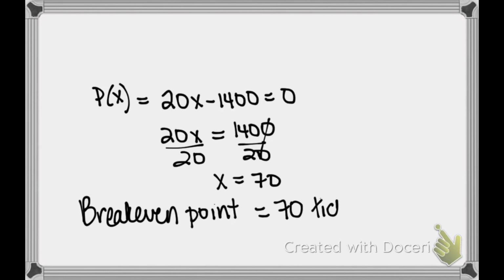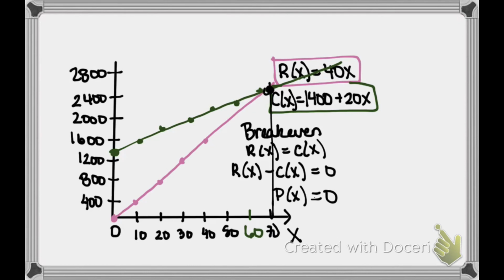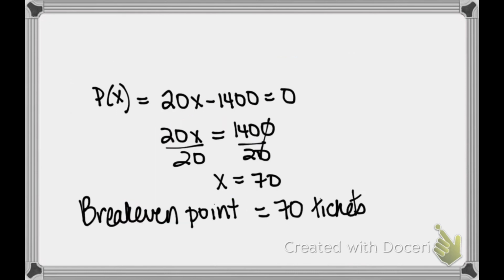And if I sell 70 tickets, as I can see on the last page here, my revenue will be $2,800, but my revenue minus my costs will be how much I make. So my profit is going to be 0 if I sell 70 tickets.